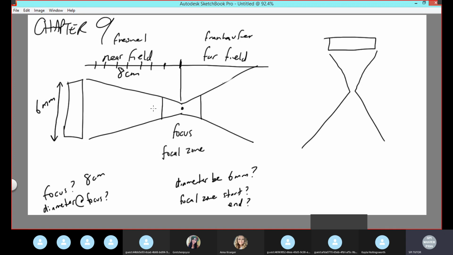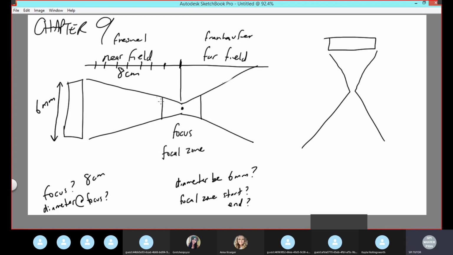The focus is the most narrow part of your beam. Okay, that is where it gets the most narrow. Not a little bit after, not a little bit before. That single point is the most narrow. So remember that, because on Monday, I believe, yep, we're going to do elevational and lateral resolution. Okay, and that's going to come back.